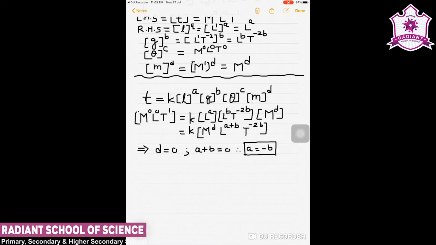And the term for time, minus 2b is equal to 1, and therefore here we can say that b is equal to 1 by 2.